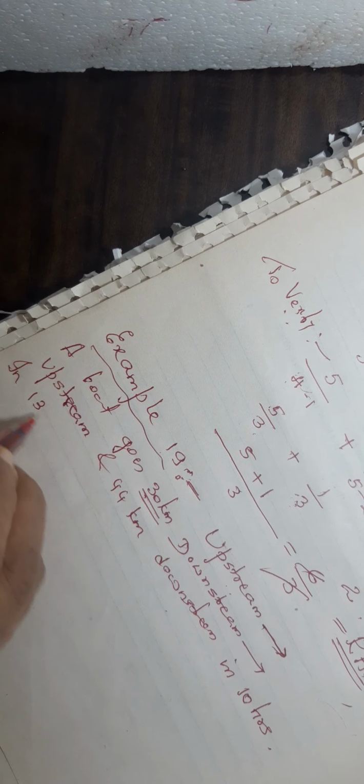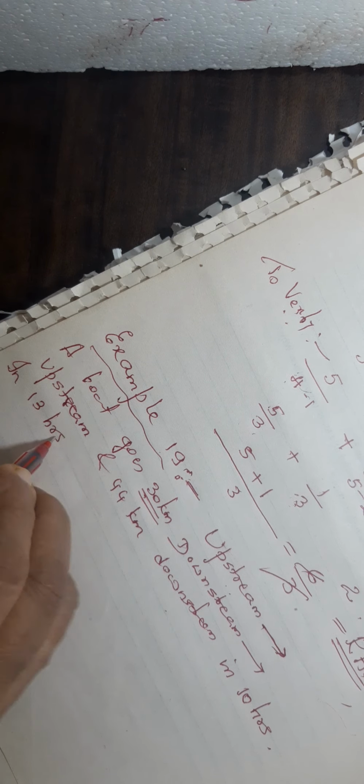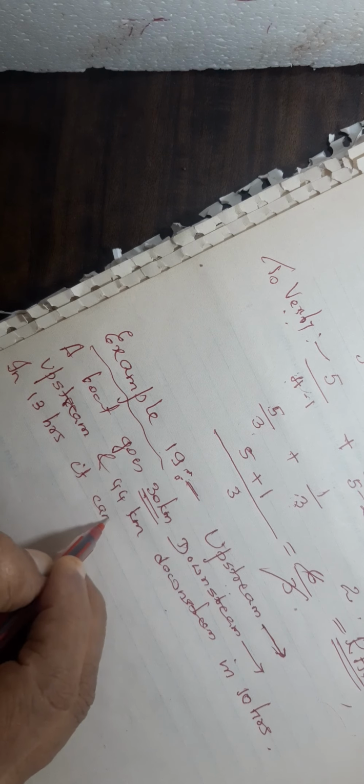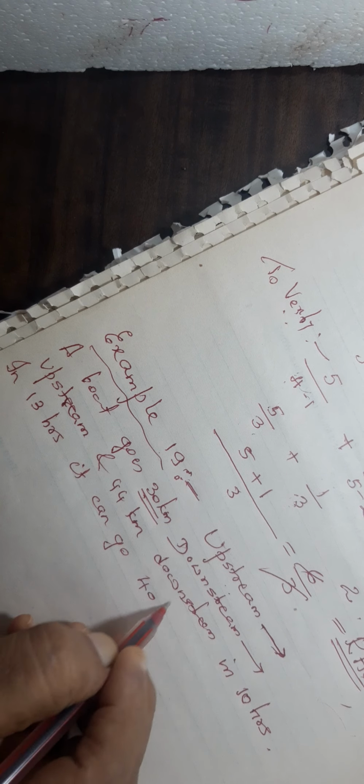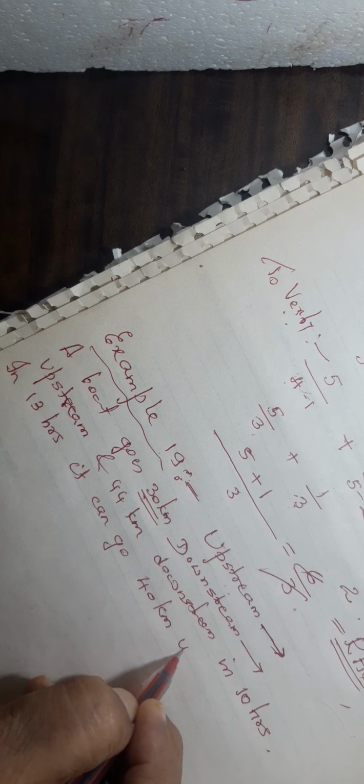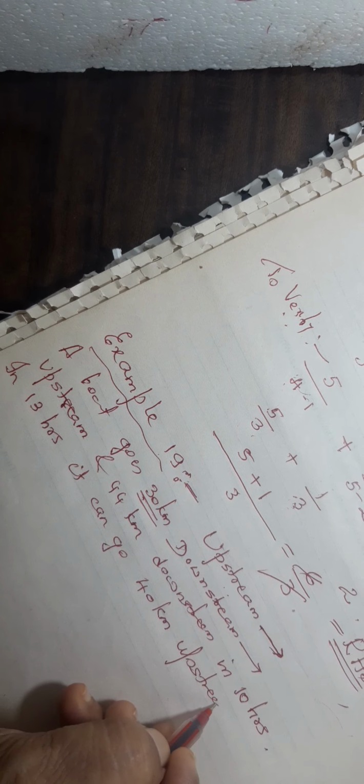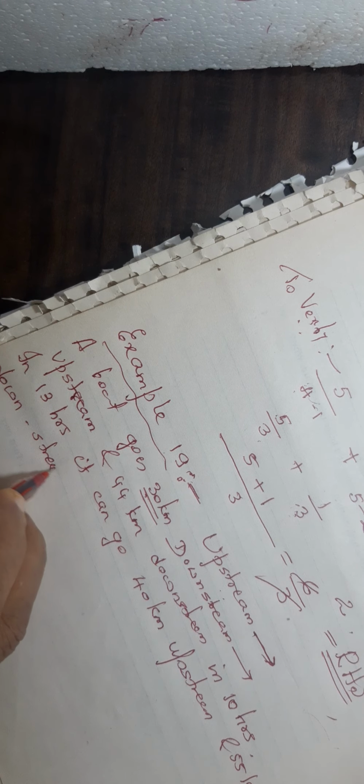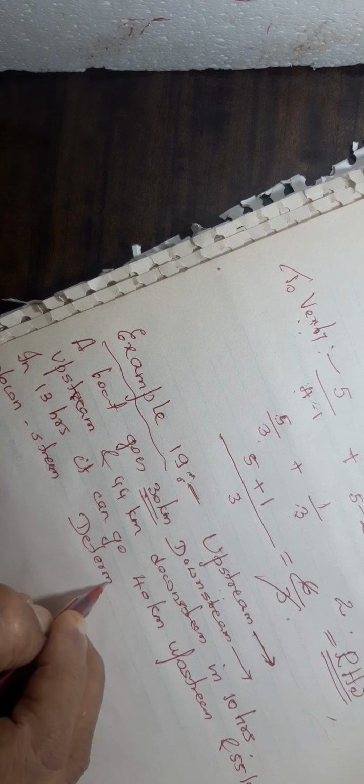In 13 hours, it can go 40 kilometers upstream and 55 kilometers downstream. So this sum should be there in front of you. Okay. Now determine the speed of the stream and that of the boat in still water.